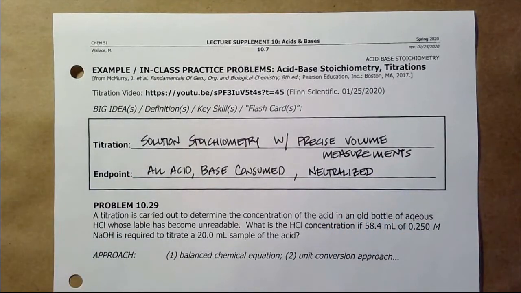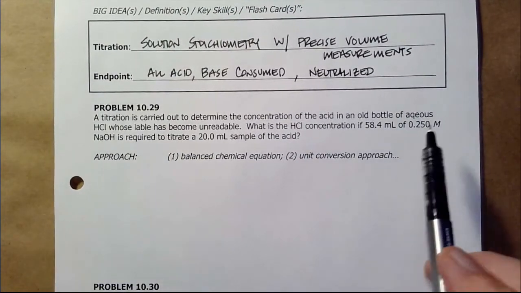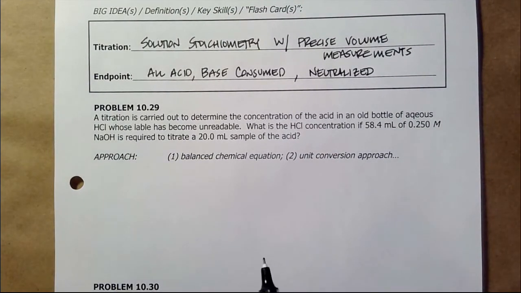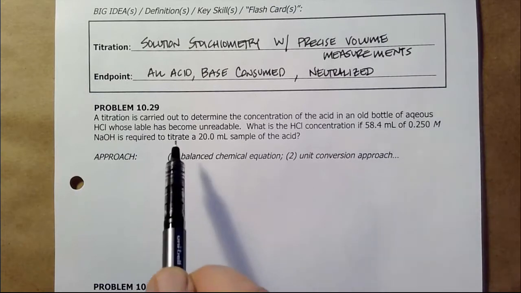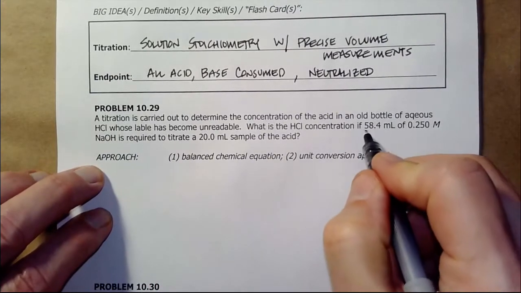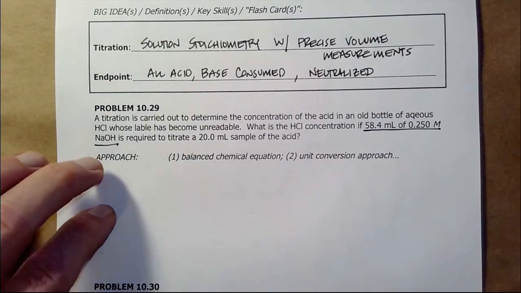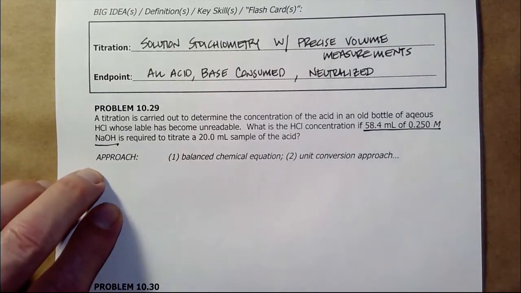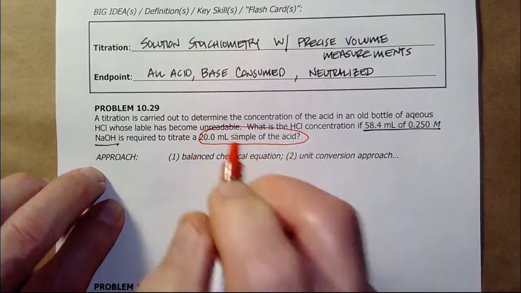Now we can go back to chapter 6. Here's a problem. Basically it says, I have an old bottle of HCl and I can't read the label. And I've got the concentration of the sodium hydroxide. This is sodium hydroxide. And I'm going to take a 20 milliliter sample of the acid.